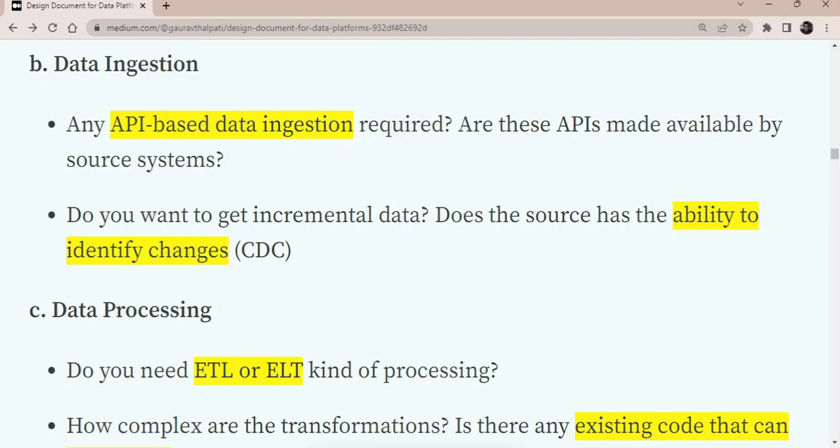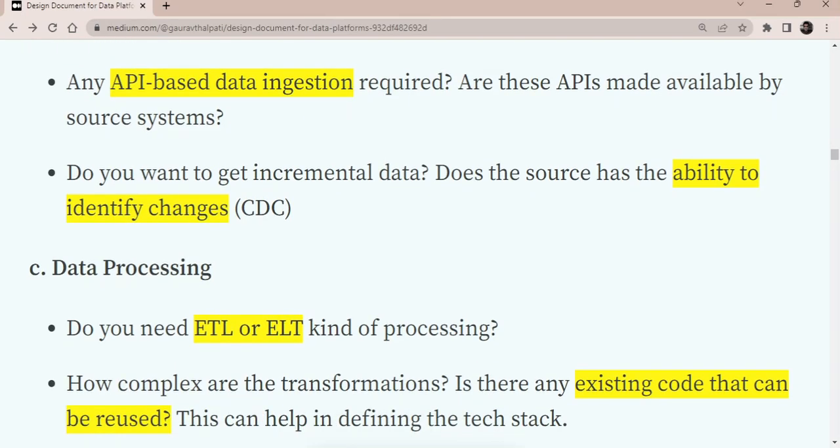Do you want some of the modern data stack ETL tools like Fivetran or Airbyte, which can do all these things, whether it's identifying the deltas or getting the incremental data, or do you want to use something that you already have? Let's say you have already invested in Informatica or Talend, then can you still use that? So these are the design considerations that will help you decide on that.